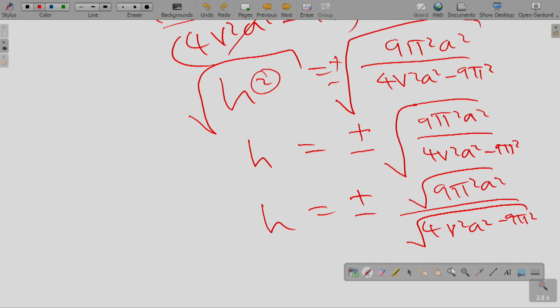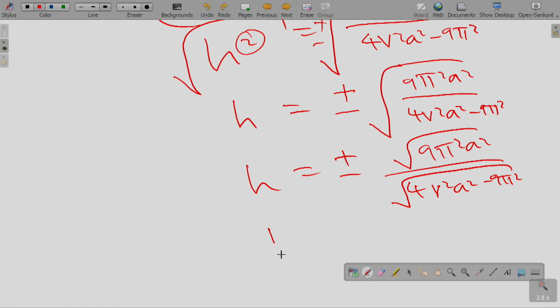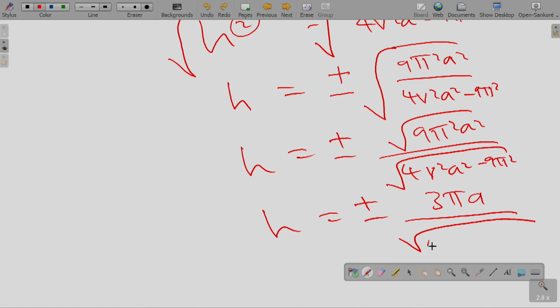But the square root of this is equal to 3 pi a over the square root of 4v square a square minus 9 pi square. And this is my answer.